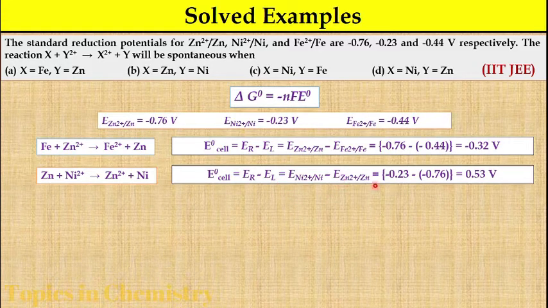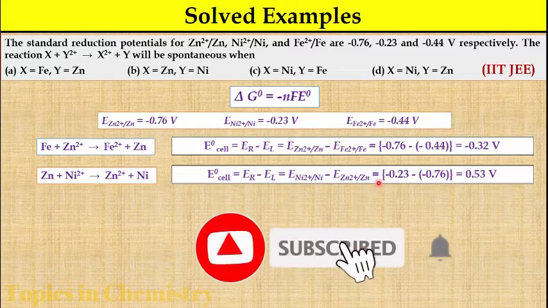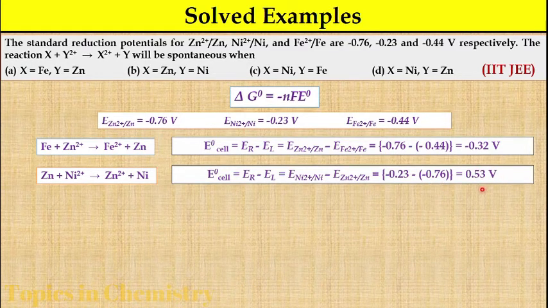So minus the reduction potential of Zn2 plus/Zn. That is equal to minus 0.23 minus of minus 0.76, which will give you 0.53 volt. Now you can see it is positive. It is positive means delta G0 is negative, so this reaction will be spontaneous.